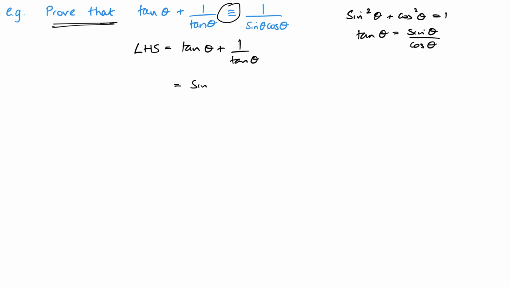So tan theta is sine theta over cos theta plus, and I'll do it in steps. This is 1 over sine theta divided by cos theta. Now, dividing by a fraction is the same as multiplying by the inverse of that fraction. So this one's going to become cos theta over sine theta.